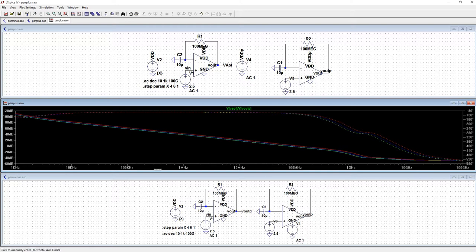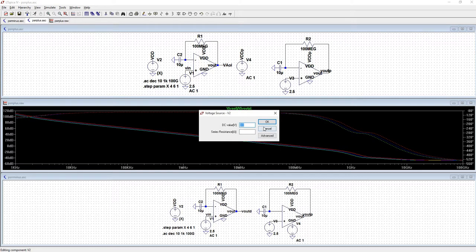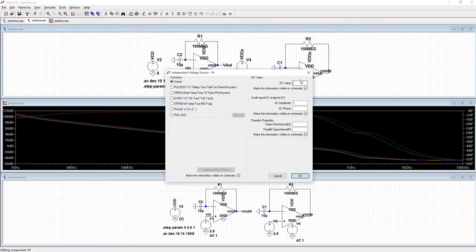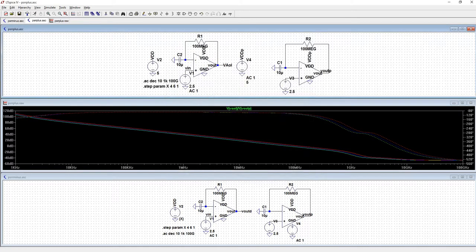Alright, so I finally got it to stop the simulation. But there's no DC component to this VDD+. And I'm slightly scared that I'm not getting a correct value. So maybe what I'll do is I'll set this to 5, and then I'll set the DC component to this as 5 as well.